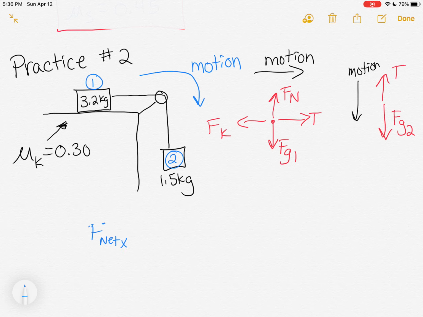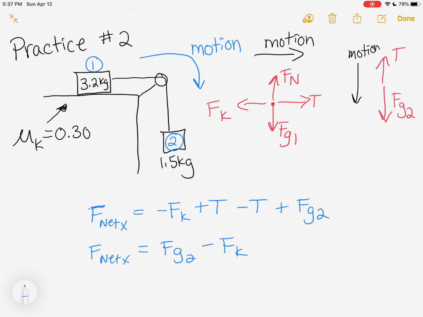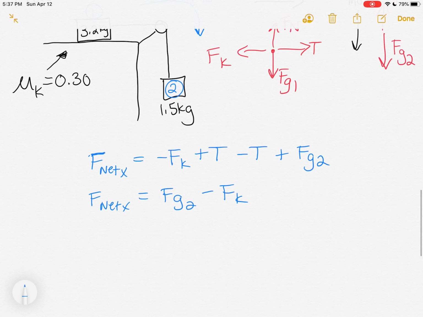So again, we're looking for F net X, and in this case, we're going to have our negative Fk plus our positive tension for block number 1 minus our tension for block number 2. It's going opposite our motion plus our FG2. So we're going to end up with an F net X that is FG2 minus Fk because our tensions are going to cancel each other out.